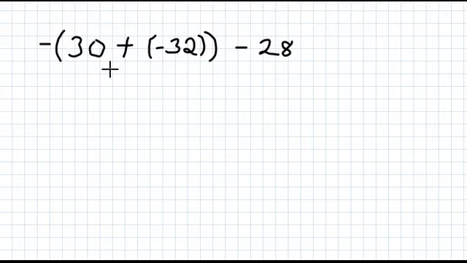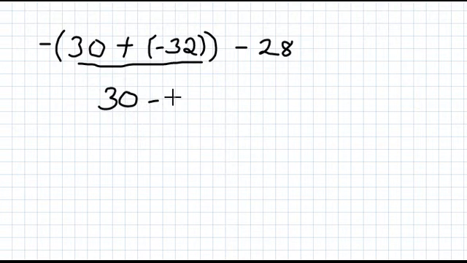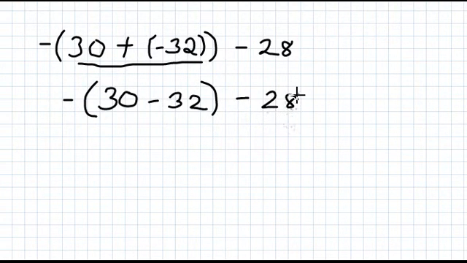Okay, so let's look at what we got in parentheses. We got 30 plus, in parentheses here, I've got a negative 32. And of course, that's all in parentheses. We have a negative outside, then minus 28. So we want to work at what's inside our innermost parentheses first. So I can rewrite this as 30 minus 32, and then we're going to put parentheses around all that. It's 28.